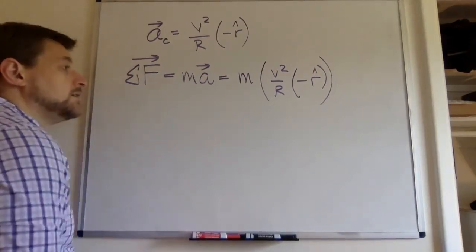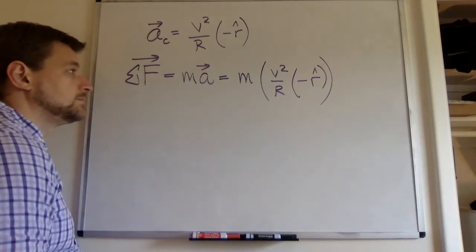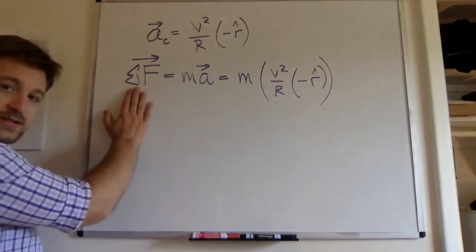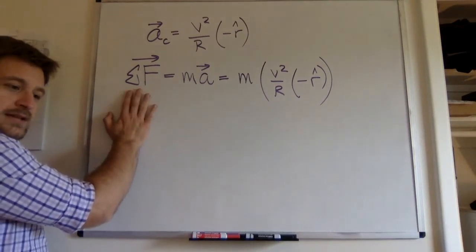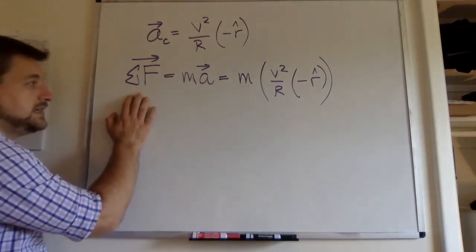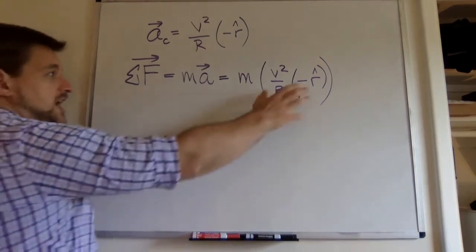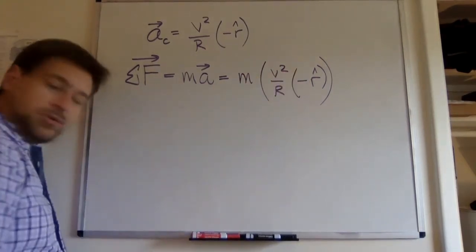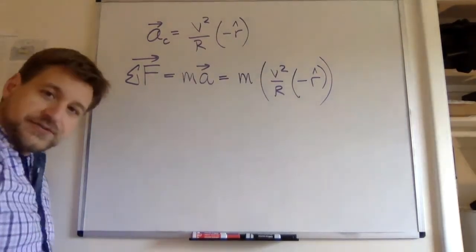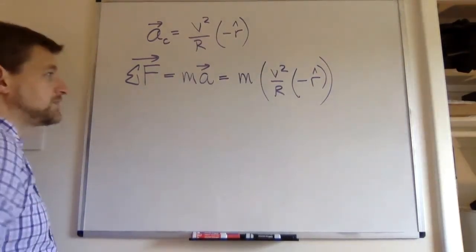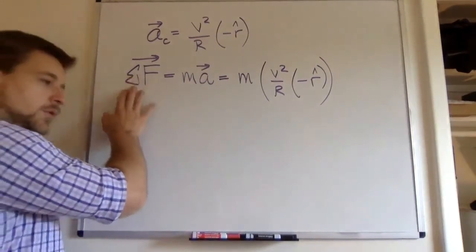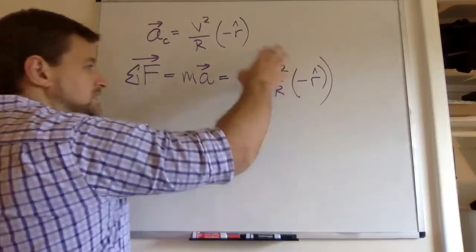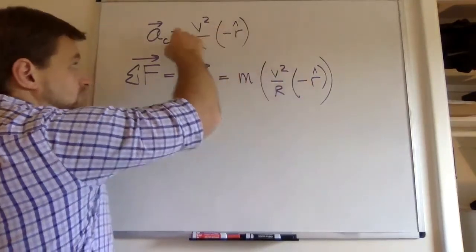The way I like sometimes to talk about it is that the forces in this community need to do a job. They need to elect or appoint a sheriff or co-sheriff or something. One or more of the forces acting have to be doing the centripetal job.